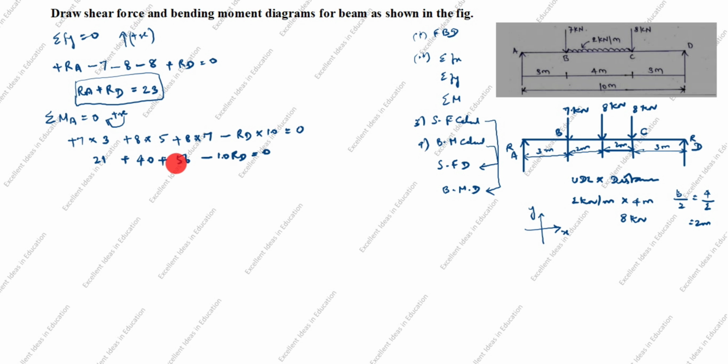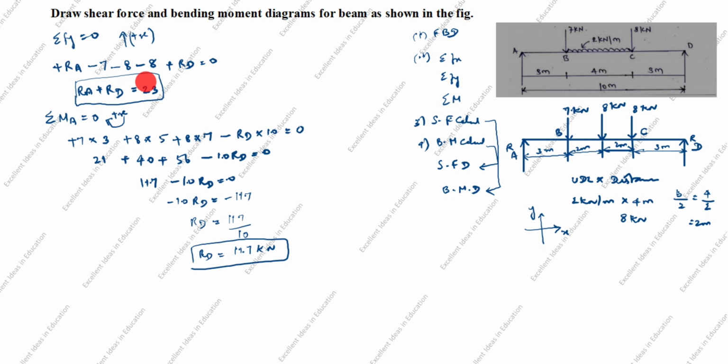Adding these, 117 minus 10 RD is equal to 0, so minus 10 RD is equal to minus 117, RD is equal to 117 divided by 10, equal to 11.7 kilonewton.